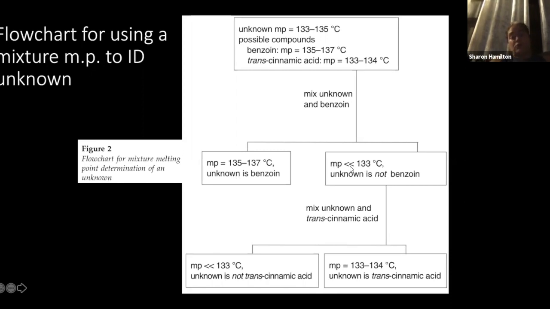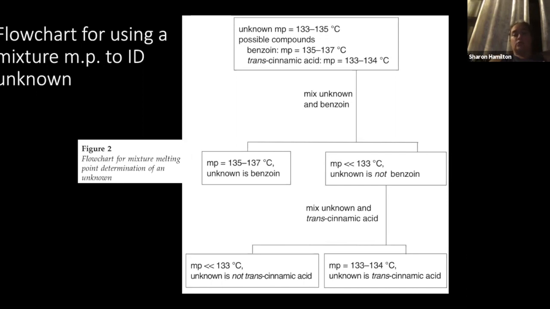If your melting point ends up much lower than 133 degrees C, so you've had a lowering of the melting point due to an impurity, i.e. your unknown, then you go to your second option, your other potential unknown, which was tranexamic acid.